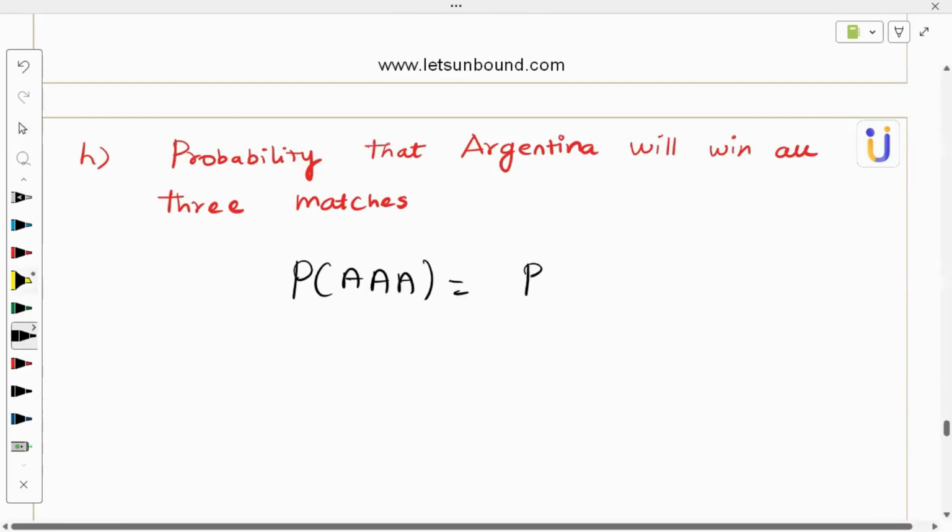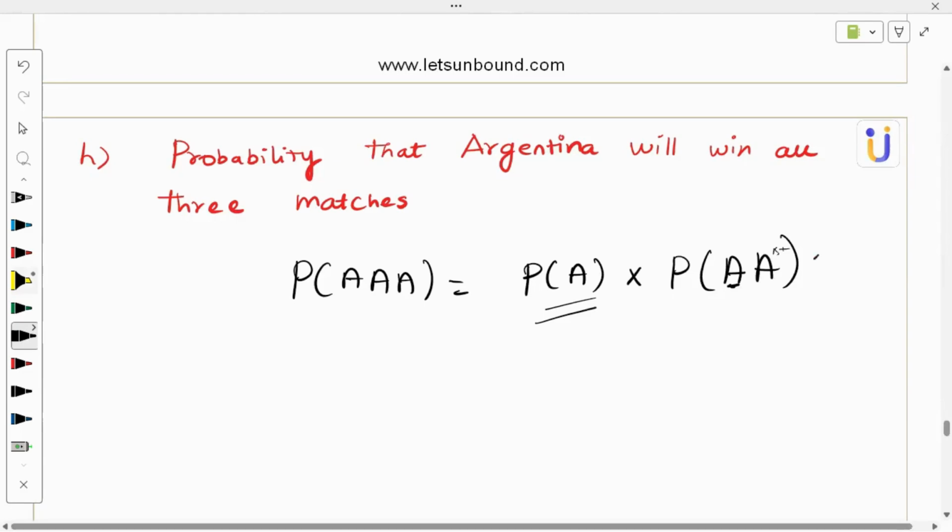So first match, they should win. That is the probability of winning the first match, times the probability of winning the second match, given that they win the first match also.